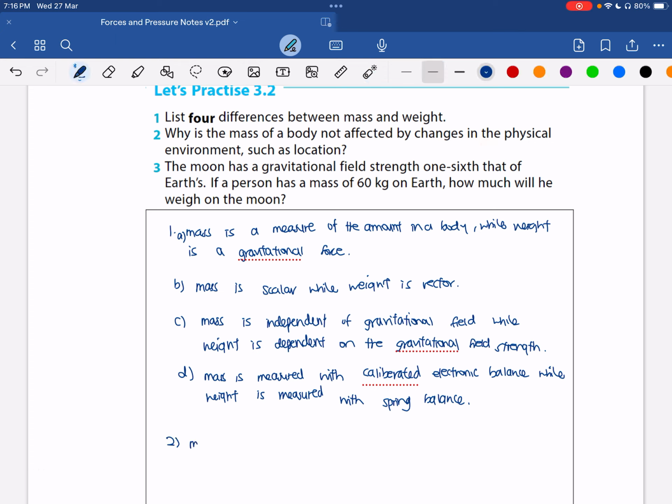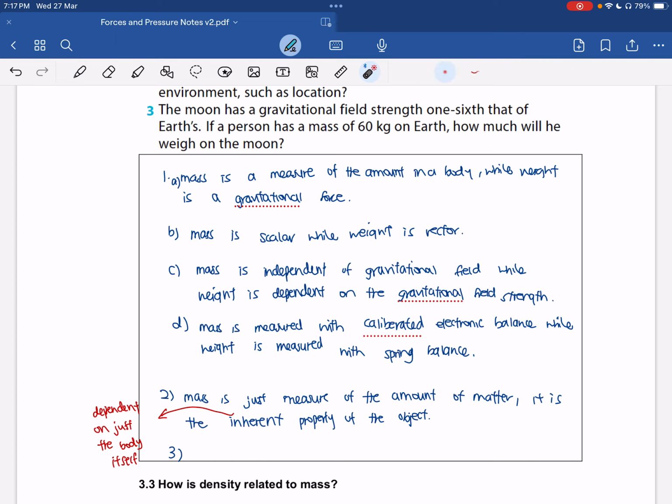Last one. The moon has a gravitational field strength of 1/6 that of the Earth. If a person has a mass of 60 kilograms on Earth, when he goes up to the moon, it will also be 60 kilograms.